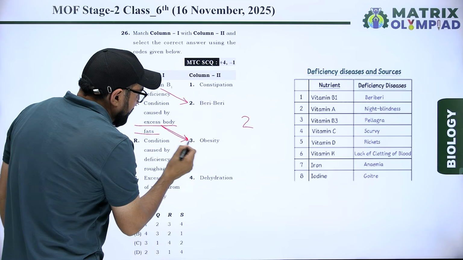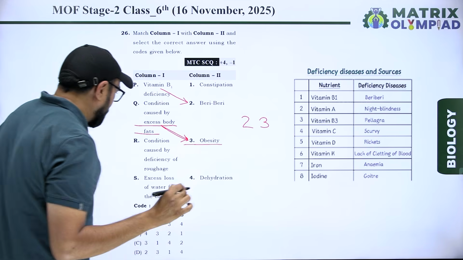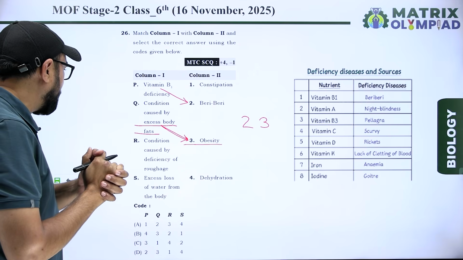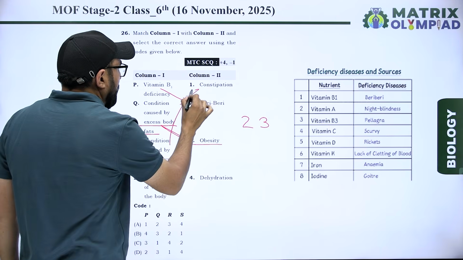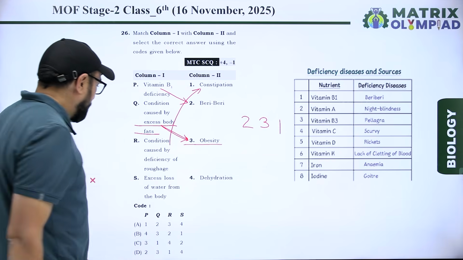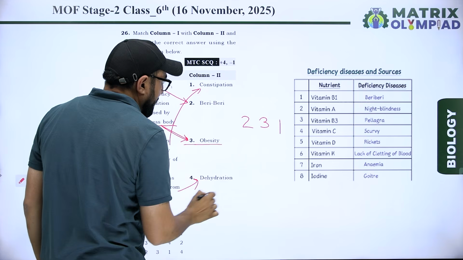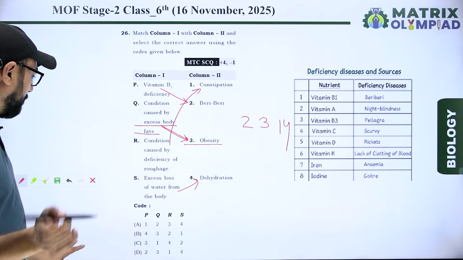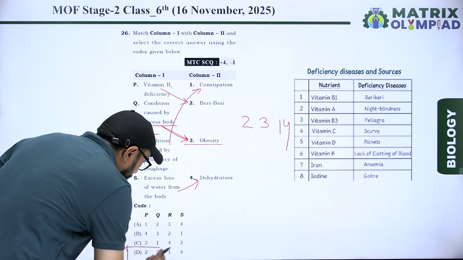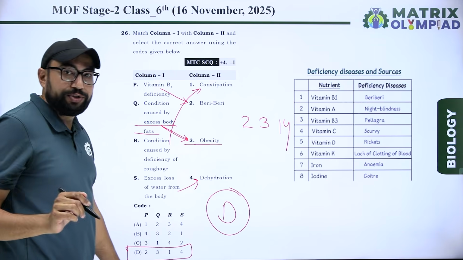Excess body fat relates to obesity, that is 3. The condition caused by deficiency of fibre is constipation, 1. And excess loss of water from the body relates to dehydration, 4. So 2, 3, 1, 4. Option D is right for this question.